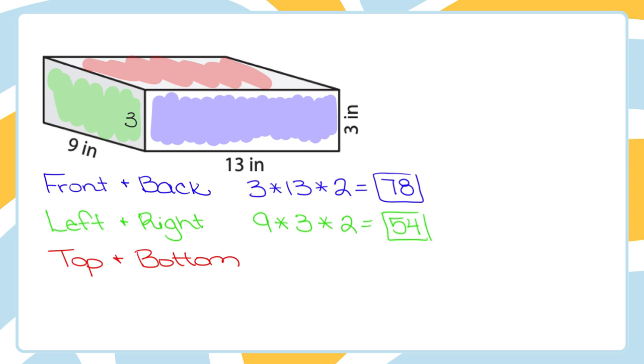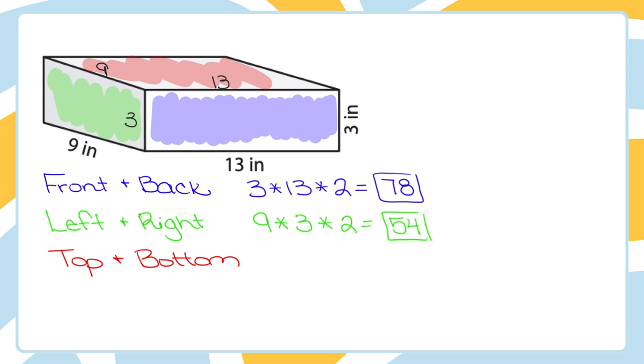Micah? 9 and 13. Why 9 and 13? Because it's the length and width of the prism. Okay. And it's the same length and width of the top. Okay, so the green, the bottom's 9, so the top's 9. The blue, the bottom's 13, so the top is 13, which lines up to my red.